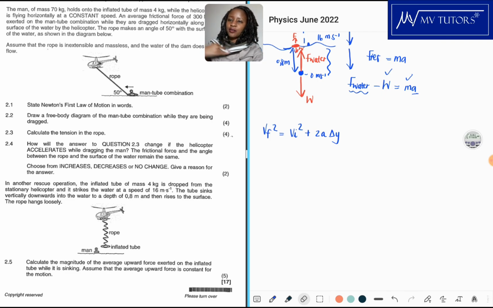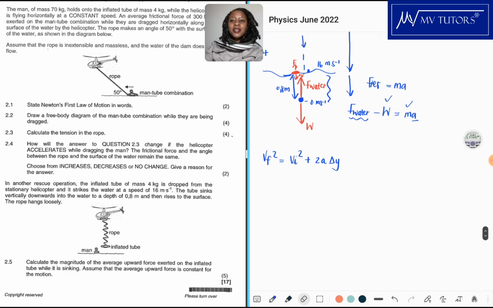If we're going to take the motion of it sinking, remember we chose up as positive. So the motion of it sinking is going down. Our final velocity there is 0 squared. Our initial velocity starts at 16 and it starts slowing down, so it'll be negative 16 squared.